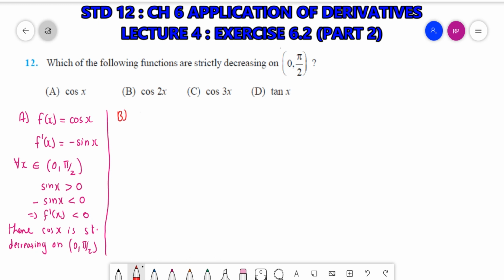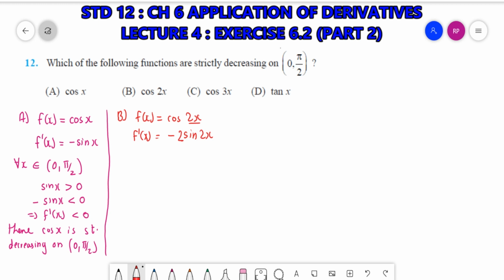Now let's take b. b, f of x is equal to cos 2x. What will be f dash x? The derivative of cos 2x is minus sine 2x into d by dx of 2x, which is 2. So this is our f dash x.